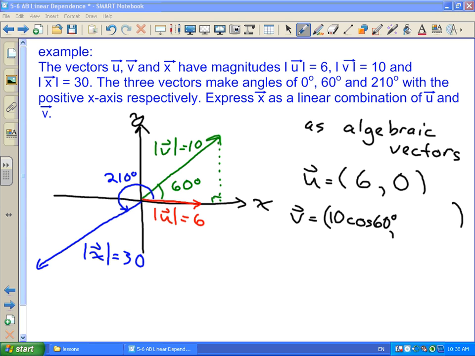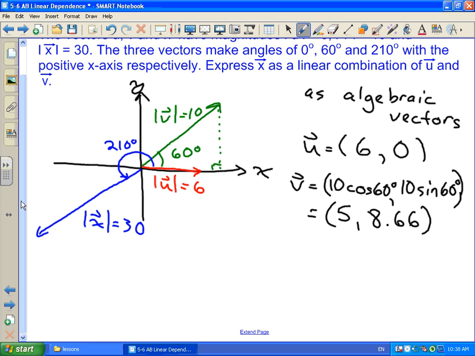And the y component is going to be 10 sine 60 degrees. So we can work out what that is. It's just 5, 8.66, to round it off to 2 decimal places.